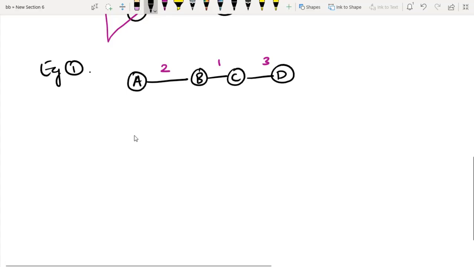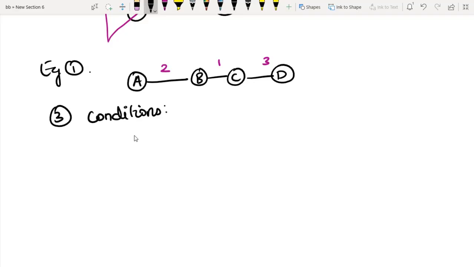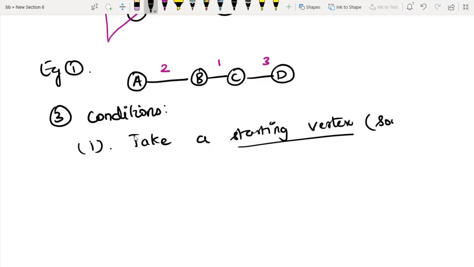First of all, you have to make 3 assumptions or 3 conditions for Dijkstra's algorithm, right? The first condition is take a starting vertex. We have to take a starting vertex, only one source. This is also called a source, so only one source should be there.